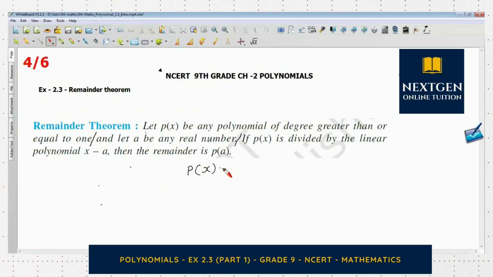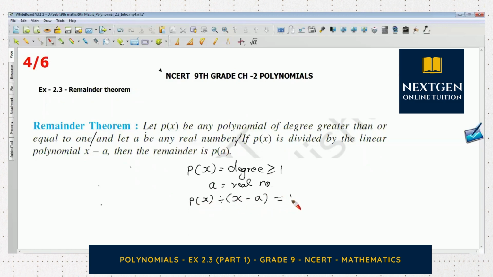Let's write this theorem in short statement form. P of x has degree greater than or equal to 1, and a is any real number. So what would happen if P of x is divided by x minus a? This is our divisor and this is our dividend.